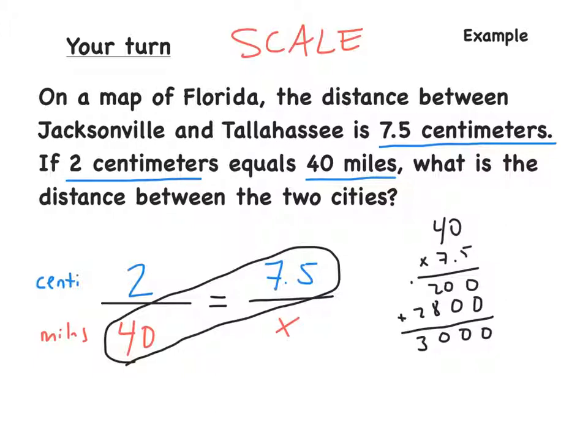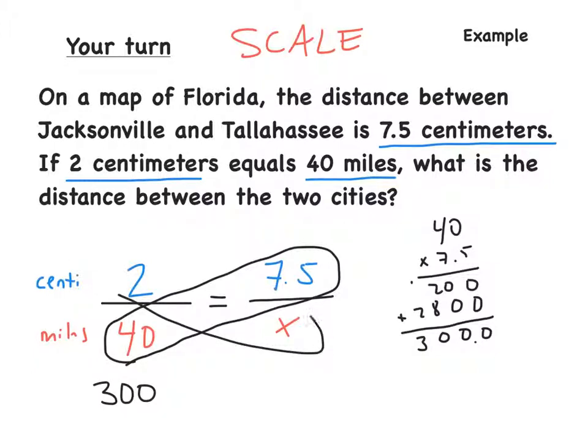So since we have a decimal point, just move it over once. So from here, we'd move it over once. So that would make it 300. So we have 300 on the left side.